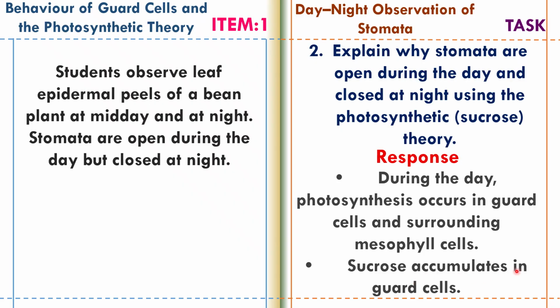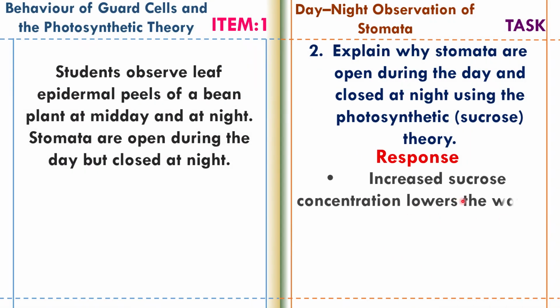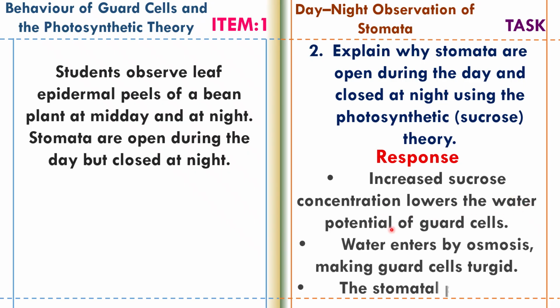Sucrose accumulates in the guard cells. Increased sucrose concentration lowers the water potential of the guard cells. Water enters by osmosis, making guard cells turgid. The stomatal pores open.